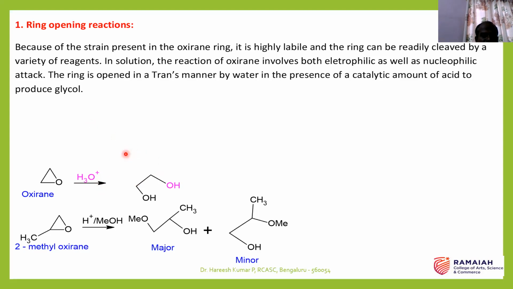What will happen? There will be a ring opening, and in the case of oxirane the products are glycols, the vicinal diols. Vicinal diol means hydroxy groups are attached to adjacent carbon atoms.